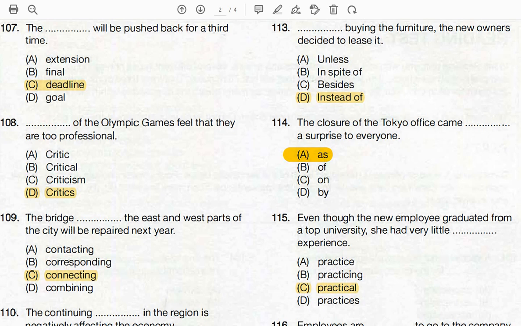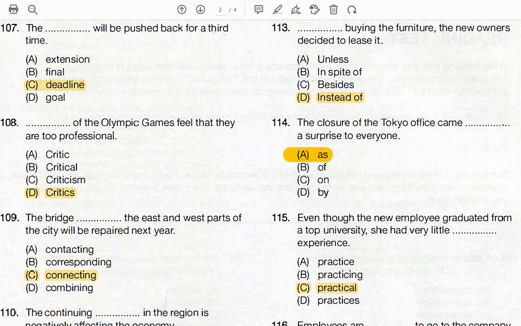The next, the bridge connecting the east and west parts of the city will be repaired next year. So keywords here, next year. Connecting, meaning joining, is the only word that makes this a meaningful sentence.